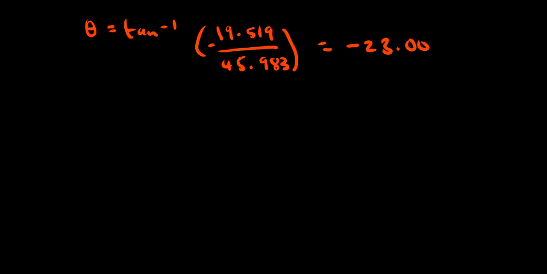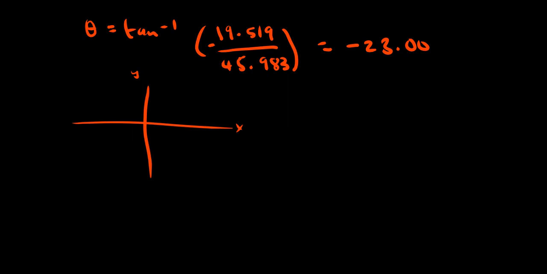Now, from what I have gotten, how do I know where my angle will be situated? I will make a rough sketch again, with my y and my x, just to identify the quadrant in which it lies.